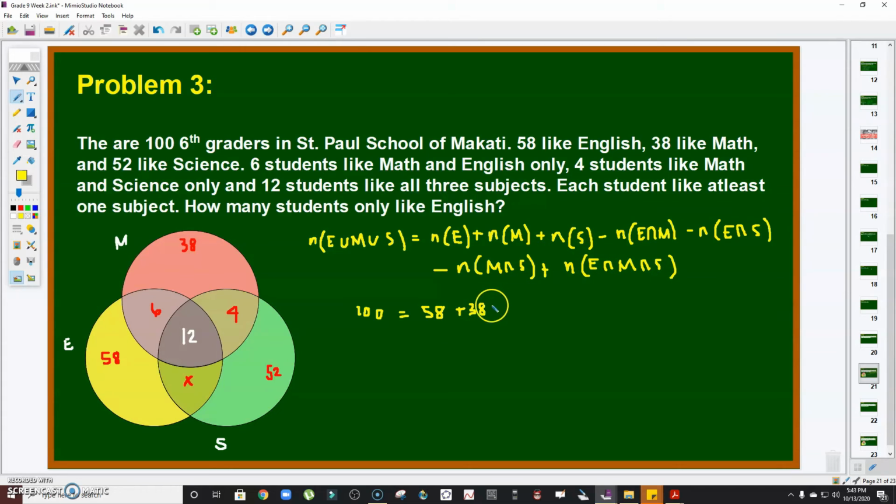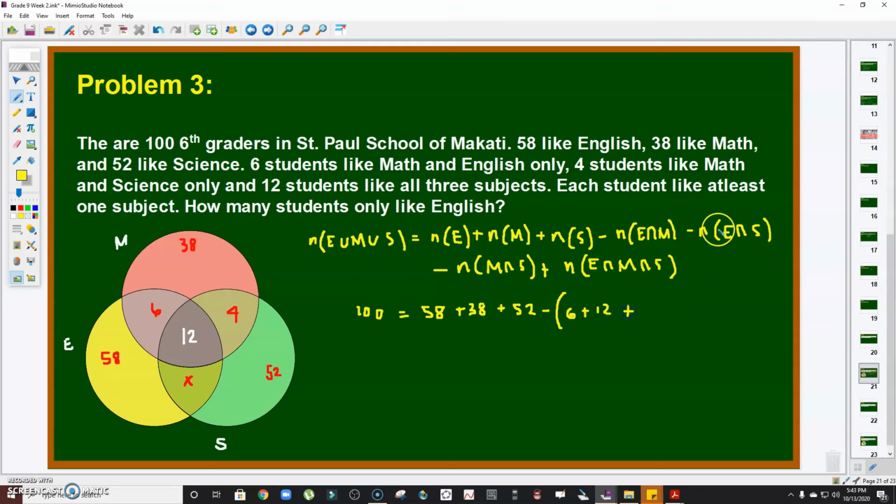For the Science, that's 52. Minus, yung English and Math. Ano ba yung English and Math? English and Math, so that is 6 plus 12. This is the one that represents English and Math, right? So, that is 6 plus 12.